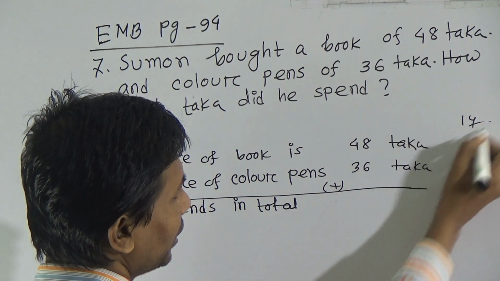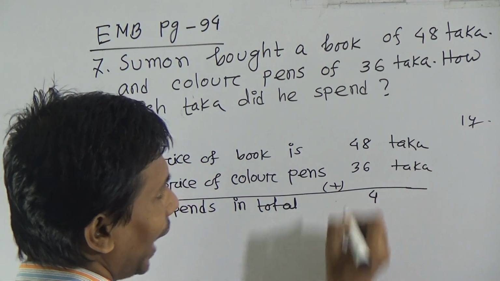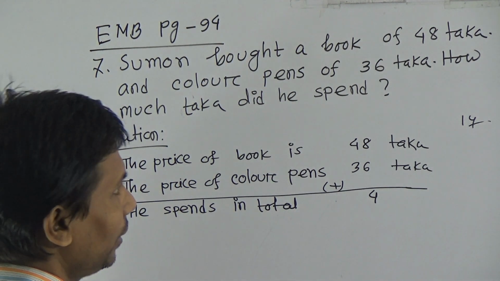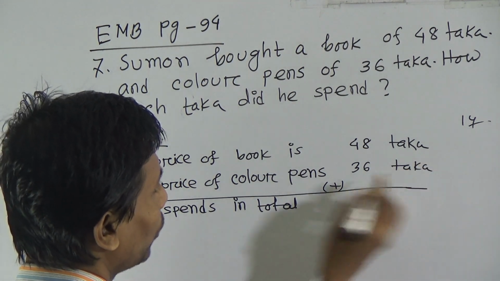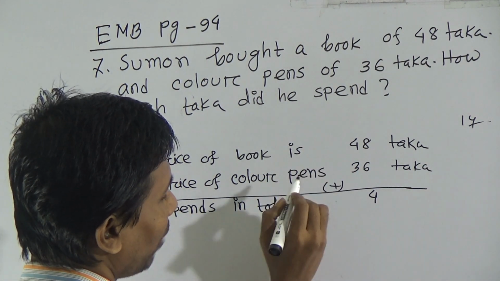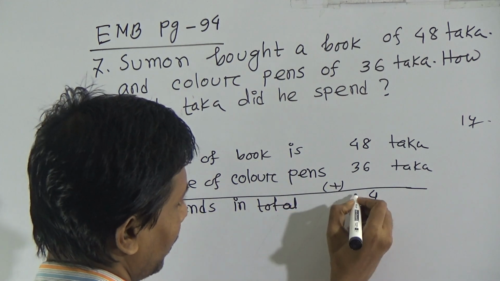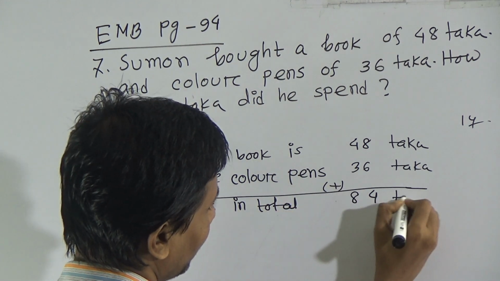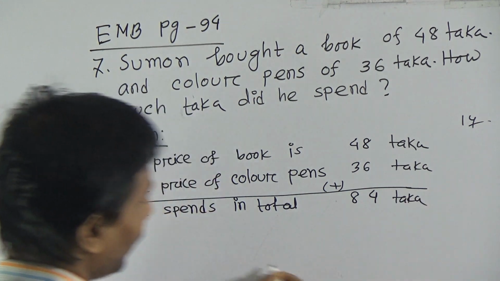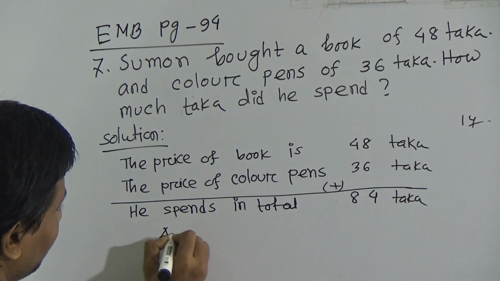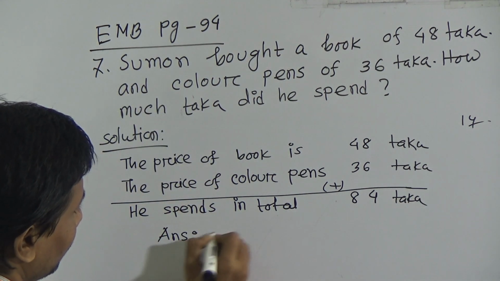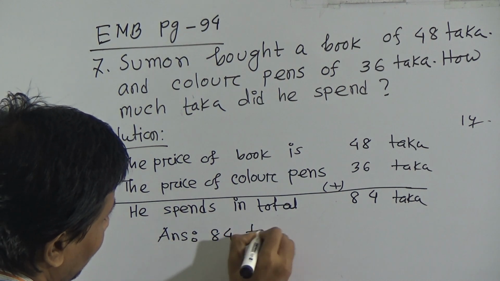You write this 4 here and you have 1 in your hand. So you add that 1 to 4, then 4 plus 1 is 5. 5 plus 3 is 8. Now write the answer: 84 taka.